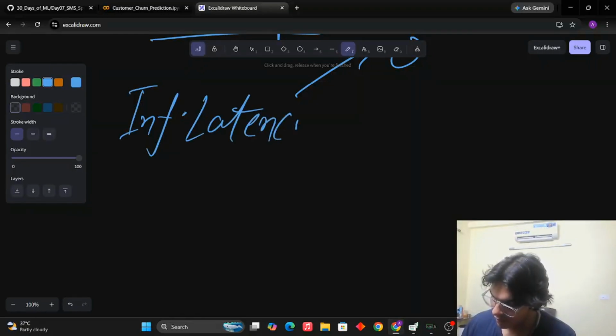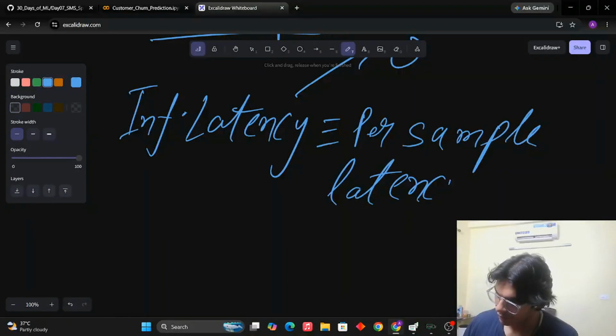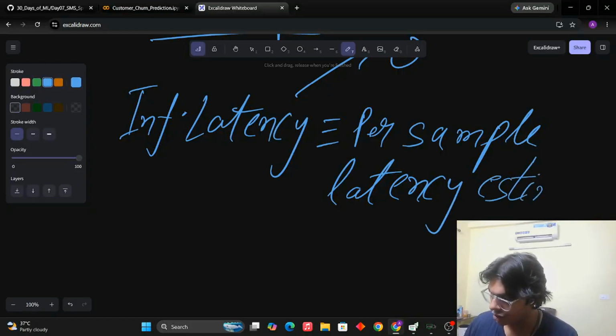Inference latency means nothing but the per sample latency estimate. Latency is basically the time taken for the model to run during the predictions. That is the inference latency. So what is the per sample value of that?